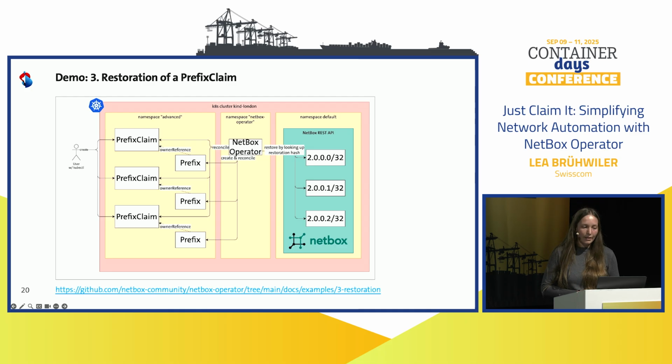So for this case, the operator calculates a hash from the prefix claim spec and stores it as a custom field with the prefix in NetBox. This way, when the prefix is recreated later, it can calculate the hash again and look up the prefix by the hash in NetBox.